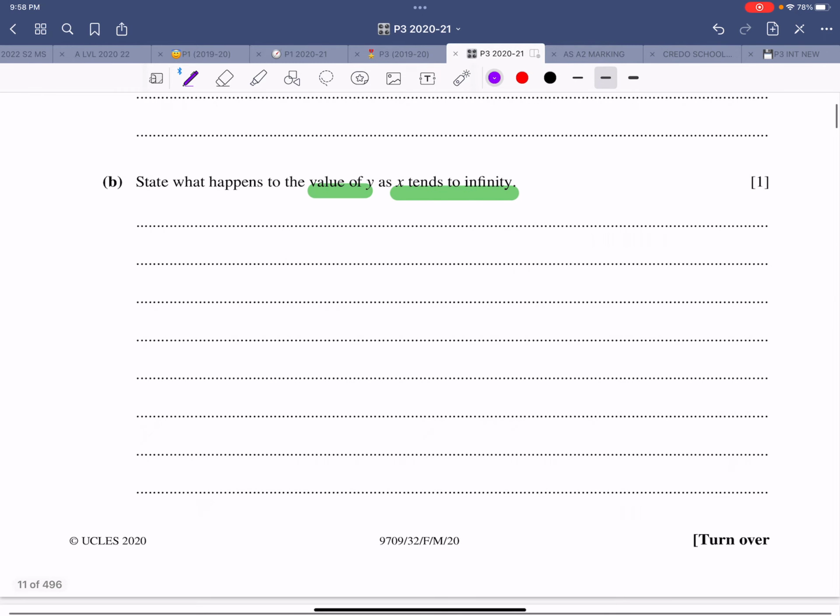What is it asking? Find the value of y as x tends to infinity. Now let's rewrite y in a better way. That's half, and this is 2 tangent. So there is a tangent and there is 2 over e minus 2 over ex.